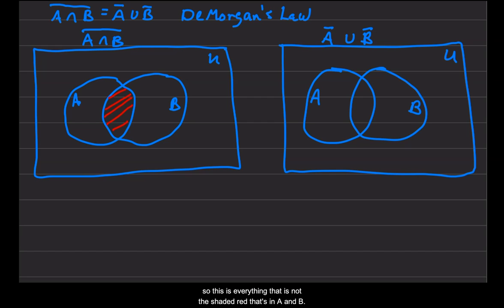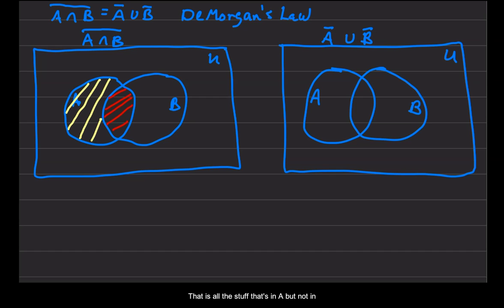So this is everything that is not the shaded red that's in A and B. So that is all of the stuff that's in A, but not in B, and all the stuff that's in B, but not in A.